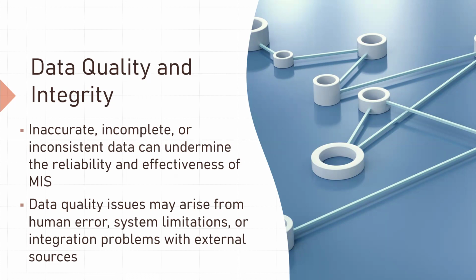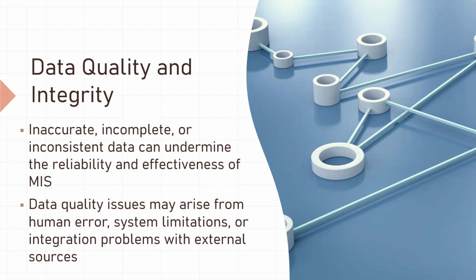Data quality issues may also arise from human error, limitations, or integration problems with external sources. So you may want to find out why data quality and integrity is a problem in MIS.